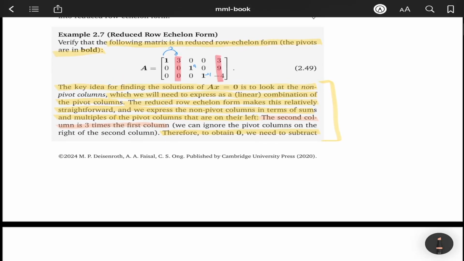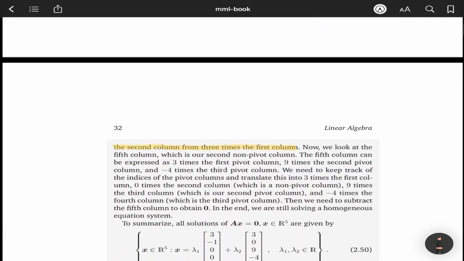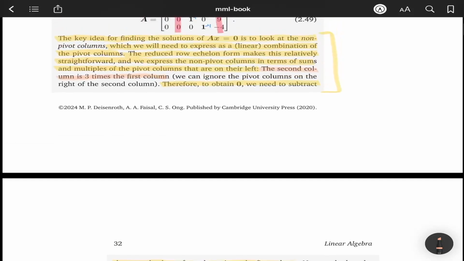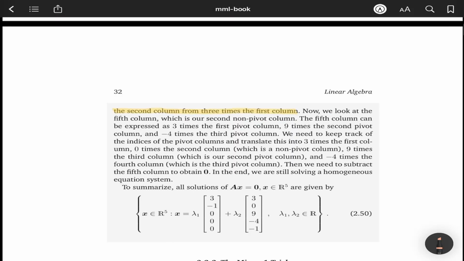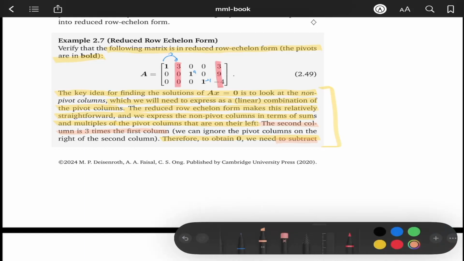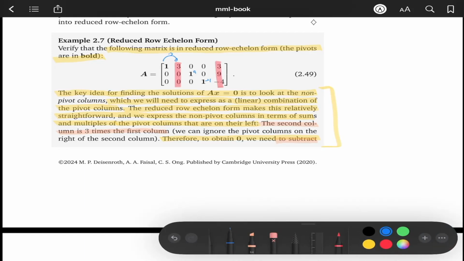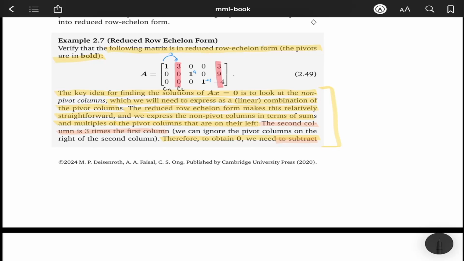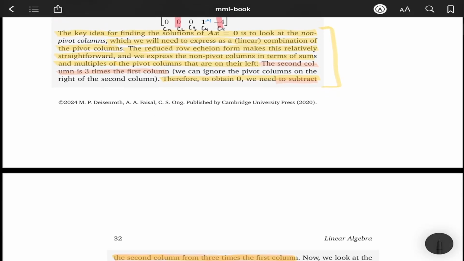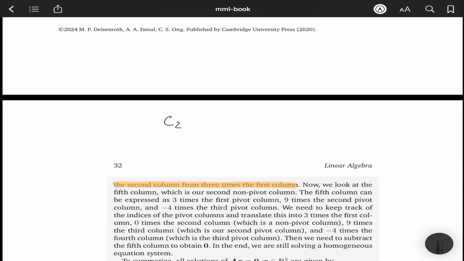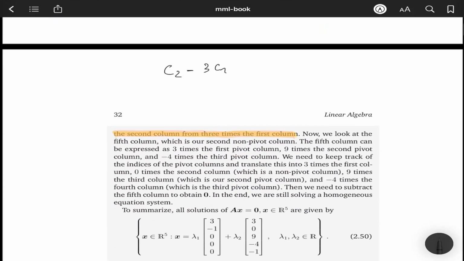But they are saying we need to subtract the second column from 3 times the first column. So what they're saying is, okay, let's just give them some names. We need to subtract the second column from 3 times the first column. Okay, I guess that makes sense.